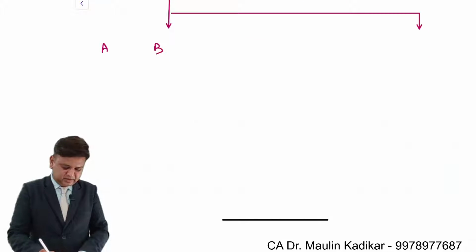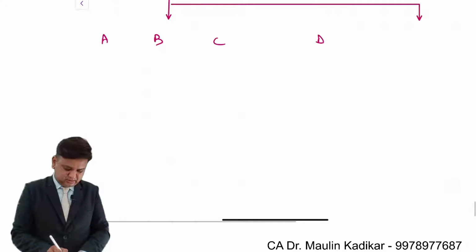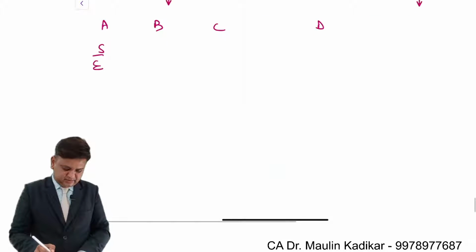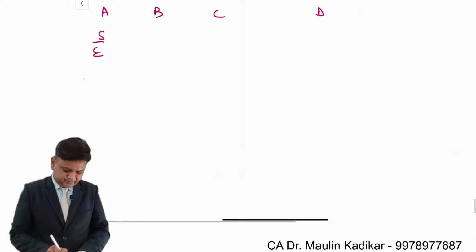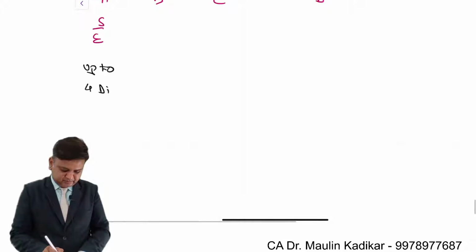A, B, C and D. S divided by E up to 4 digits.